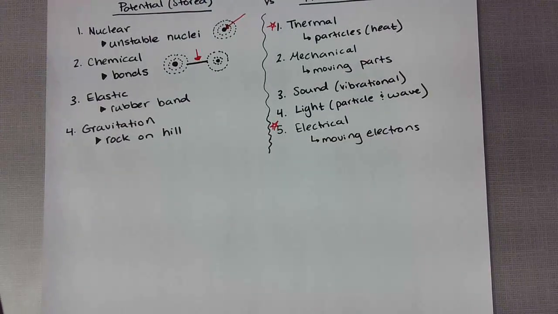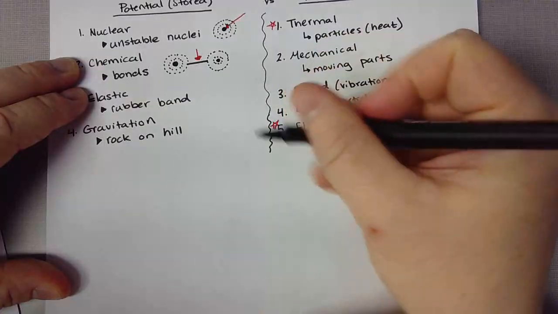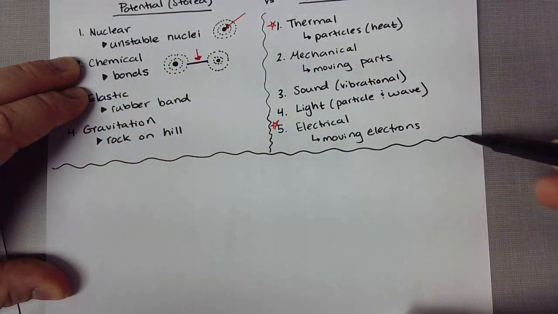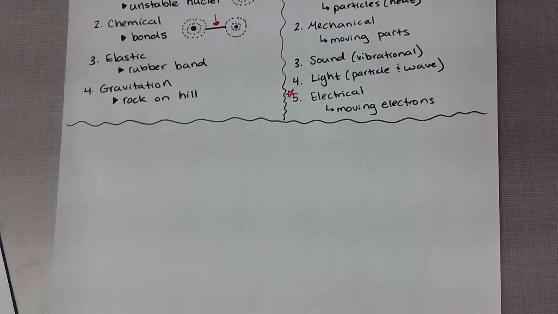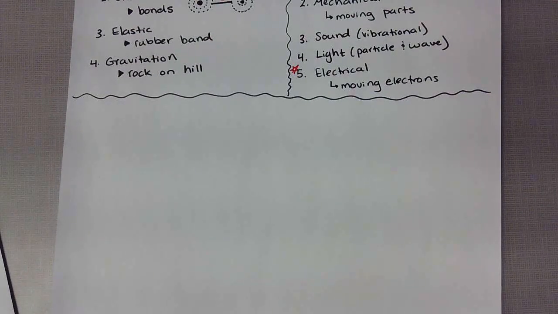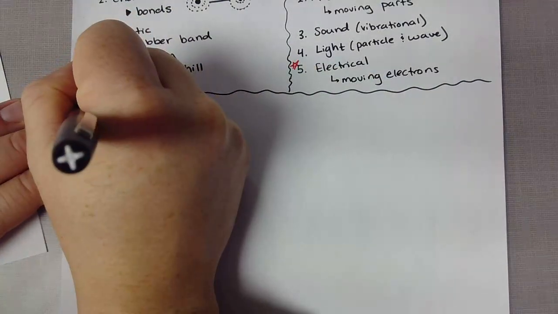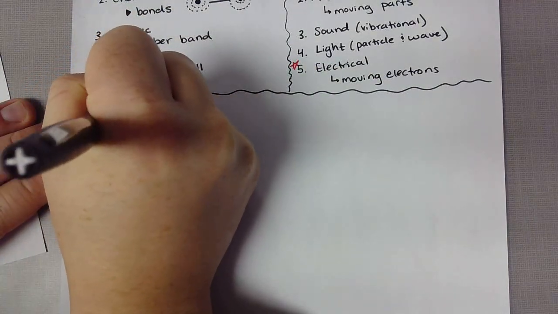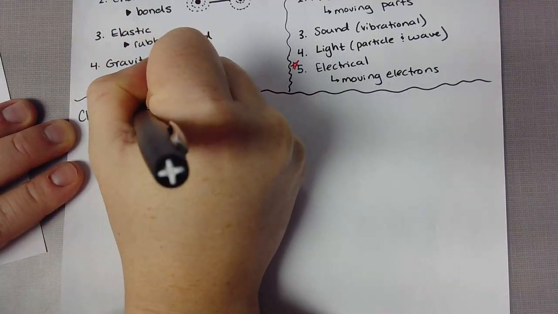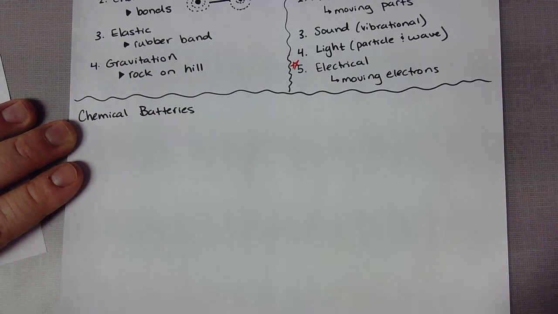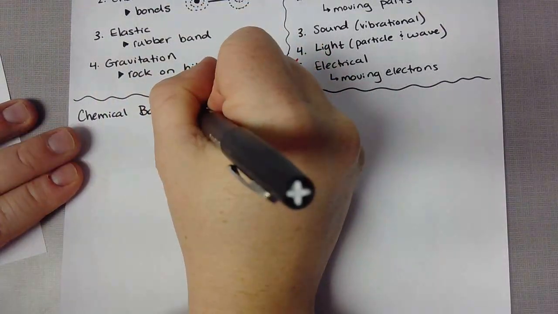So I'm going to my paper. Because we're done with the background and now we're going to dive into the specifics of oxidation and reduction or chemical batteries and electrical energy.